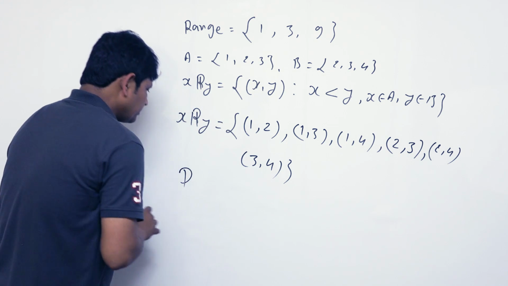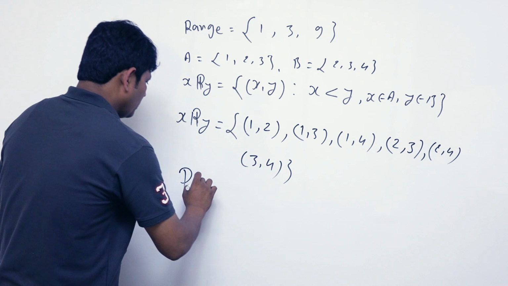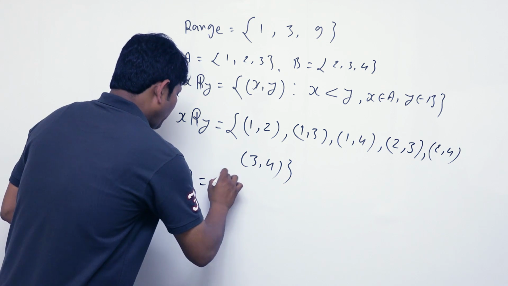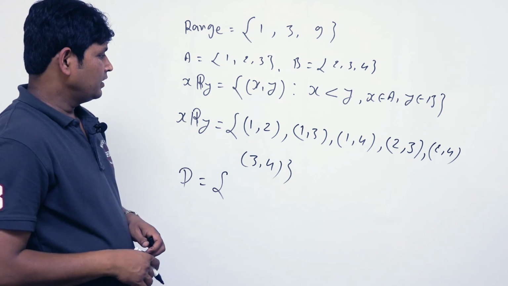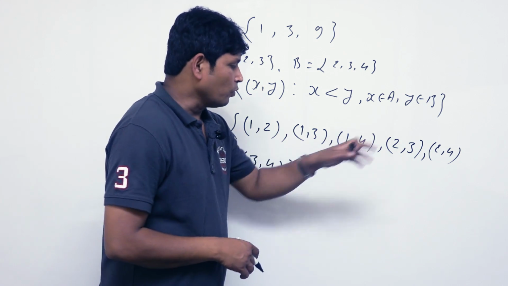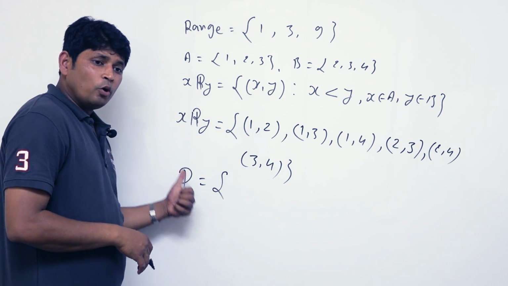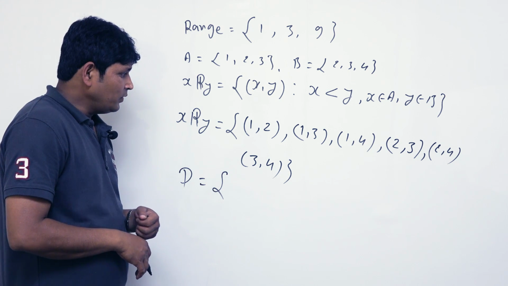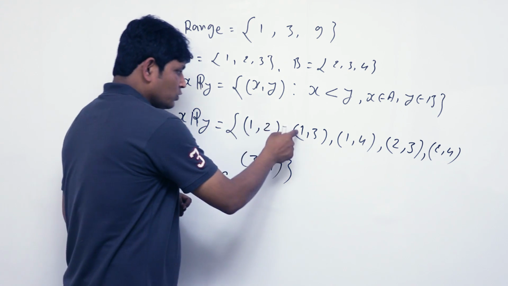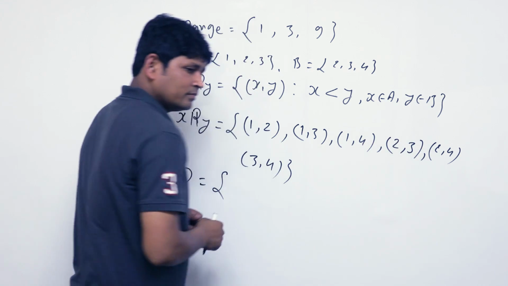What is the domain of that relation? The first components are the domain. But the domain is written in the form of a set. You can see here is 1, here is 1. These are all domain.